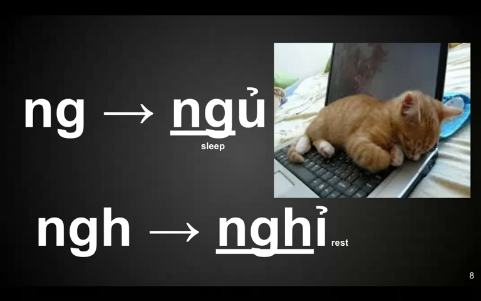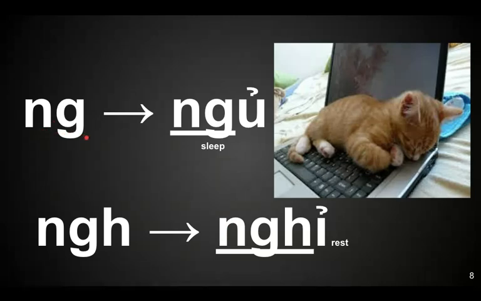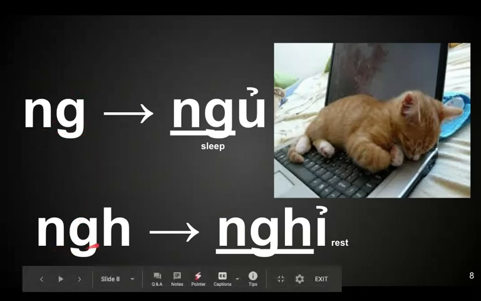That's what this sound sounds like. Okay, the ng sound. We have two consonant clusters that make this sound. We have NZ, ng, as in ngủ, and NZ hat, ng, as in nghỉ.